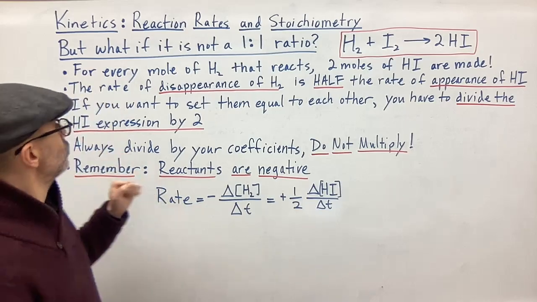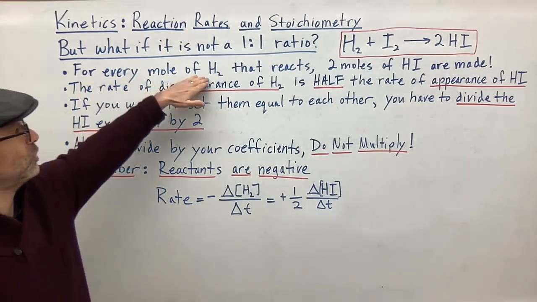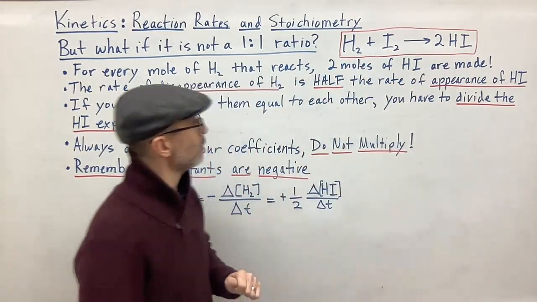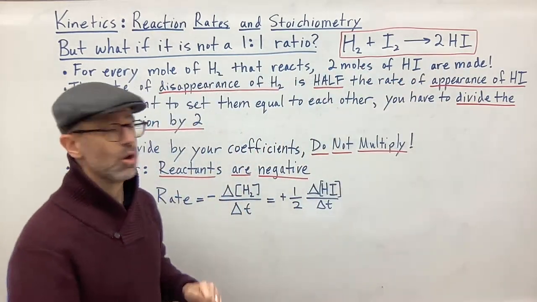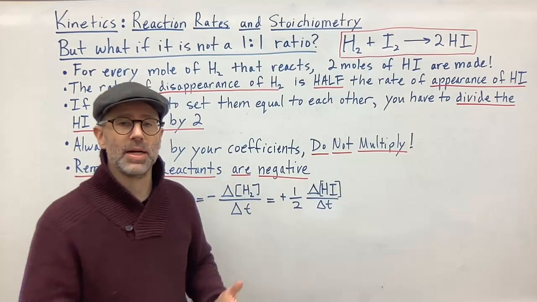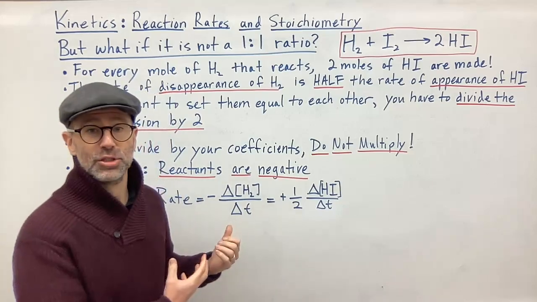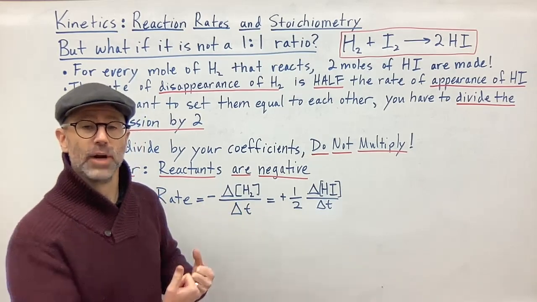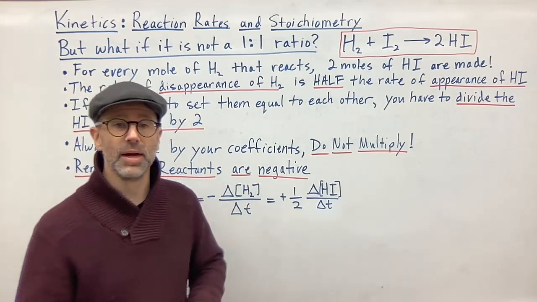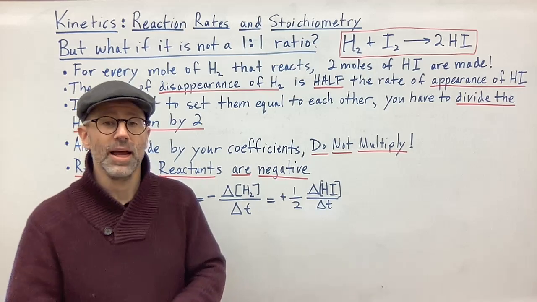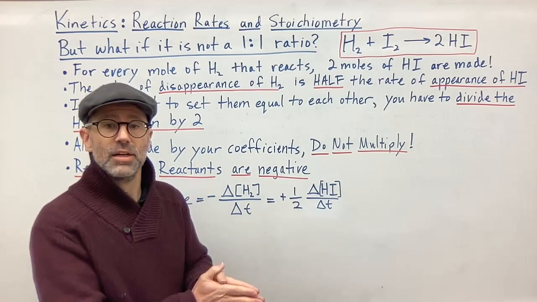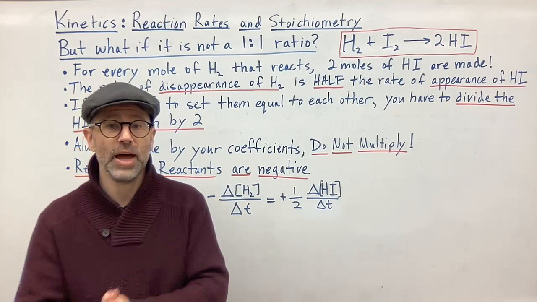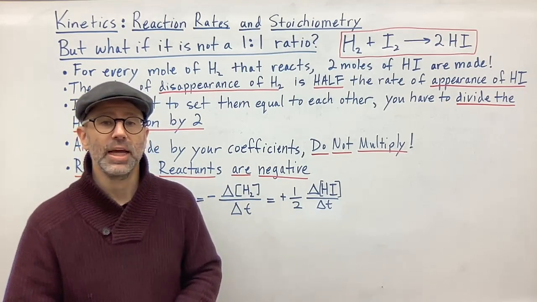For every mole of H2 here, we see that 2 moles of HI are produced. So it's not 1 to 1. We're producing double the amount of HI compared to hydrogen being removed. Or another way to think about it is you have half the amount of H2 disappearing compared to the appearance of HI.